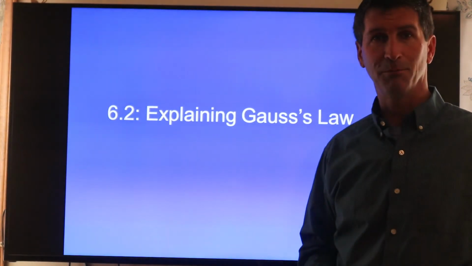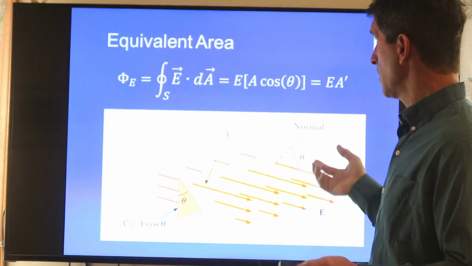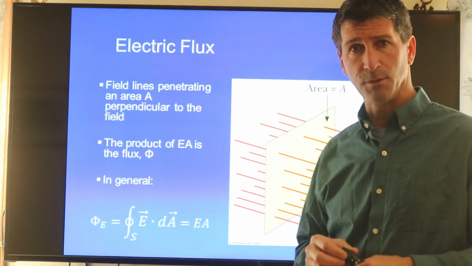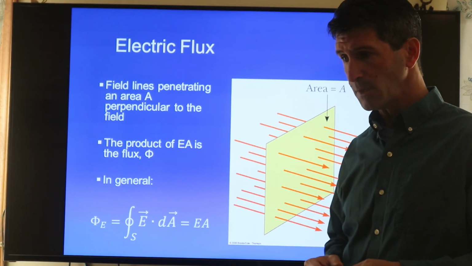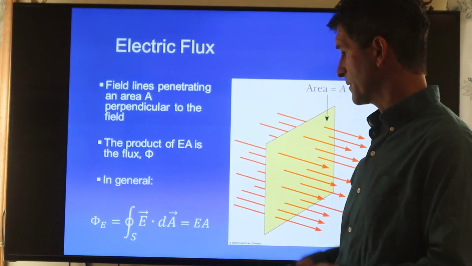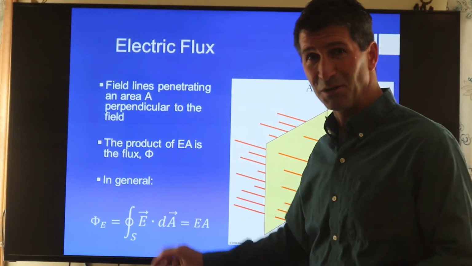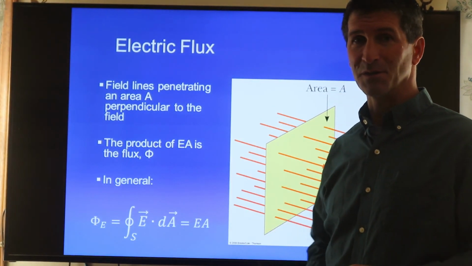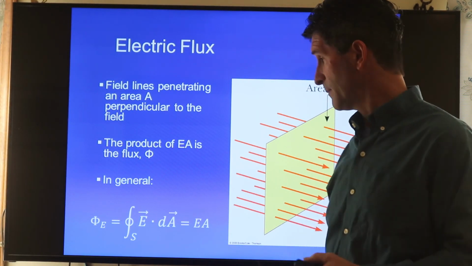Okay, so that's it for 6.1. And again, most of the cases that we're going to be calculating are the case where the electric field is going to be constant across the surface. The surface is going to be well defined, and instead of doing a crazy integral, which surface integrals are not easy, we're simply going to do the product of the electric field times the area.